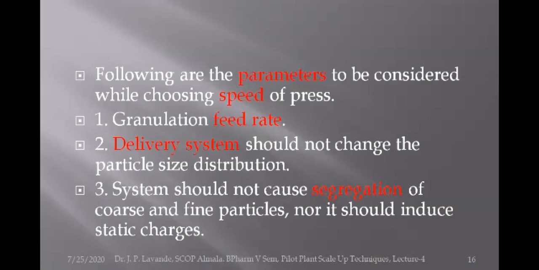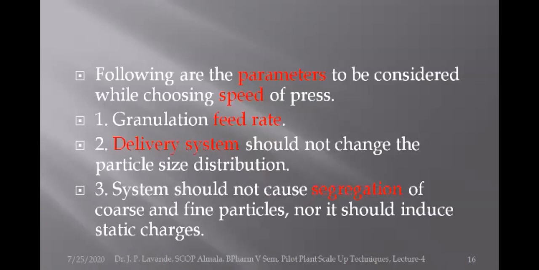The very first is the granulation feed rate, at which particular speed the material is to be fed to the compression machine, to the die cavities. So this feed rate will ultimately determine the properties. The delivery system should not change the particle size distribution.